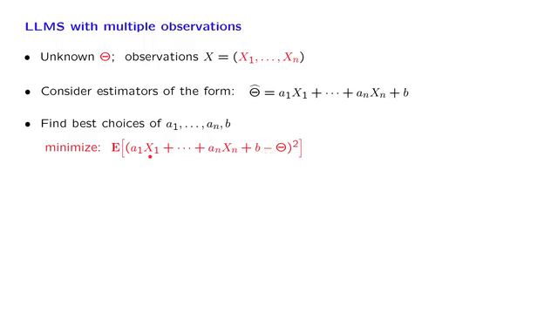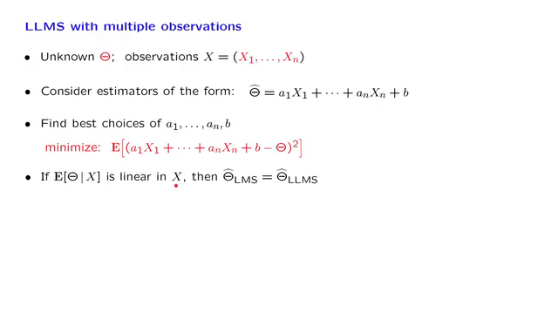We have a quantity which is a function of certain parameters, and we wish to find the choices for those parameters or those coefficients that will make this quantity as small as possible. One first comment, similar to the case where we had a single measurement, is the following. If it turns out that the conditional expectation of theta given all the data that we have is linear in x, then what happens? We know that this is the best possible estimator.